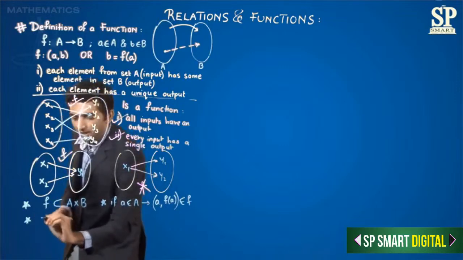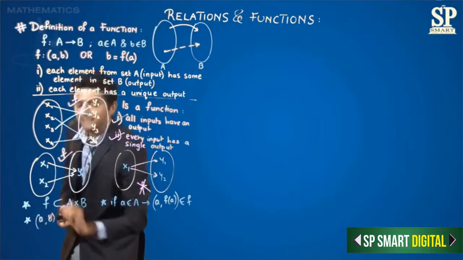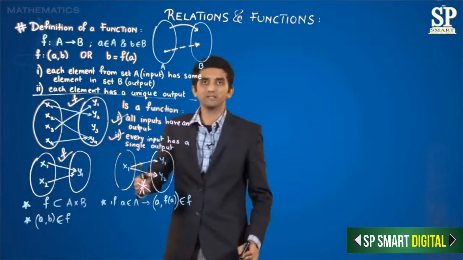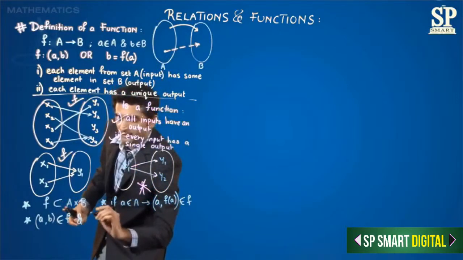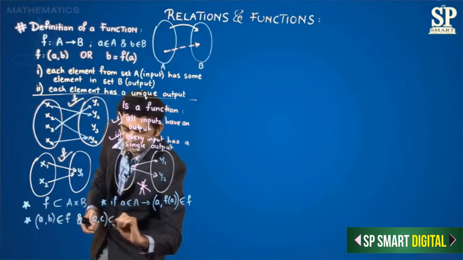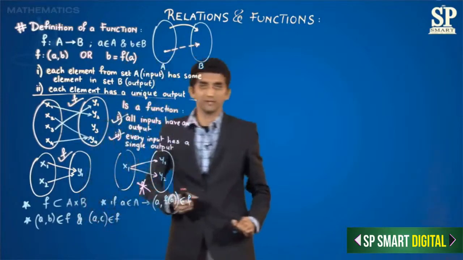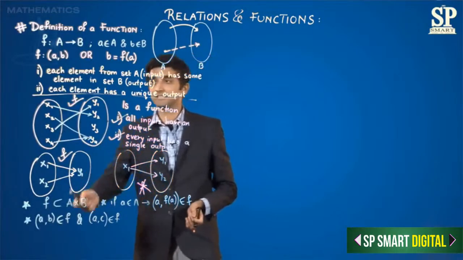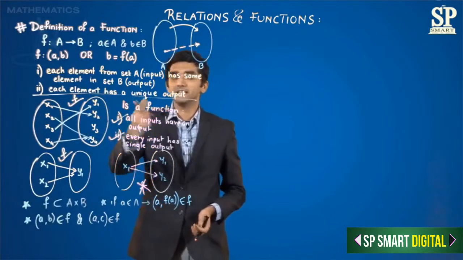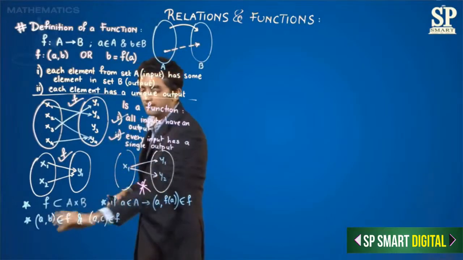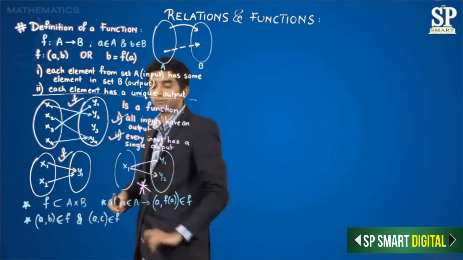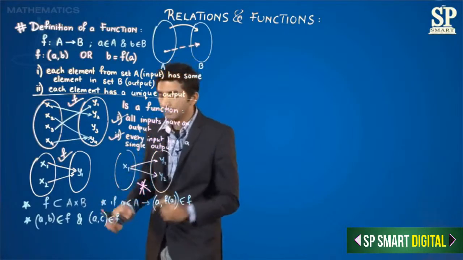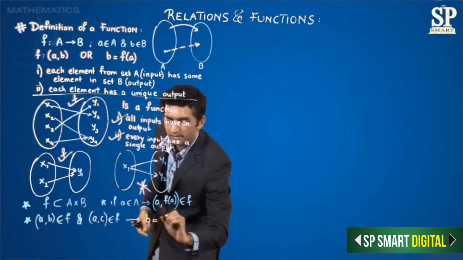And one more thing that we have understood, which is definitely a property: if (a, b) is an element of the function f, right? a is the input, b is its corresponding output, and at the same time if we say that (a, c) is an ordered pair of the function f, then since we are calling it a function f, and it would otherwise be violating the second condition that each element has only one unique output, then clearly b has to be equal to c.